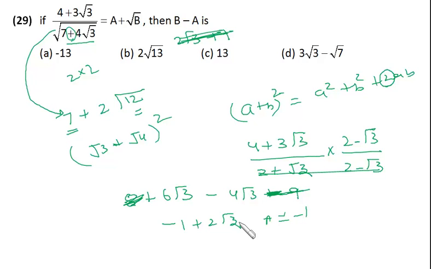So b must be 4 into 3, 12. Okay, so b is 12 and a is minus 1, so 12 plus 1, it should be 13. I'm sorry for the mistake. I hope you are getting my point. We just have to compare a plus root b to this. This is a plus root b, right? So rational part will be equal to rational part and irrational part will be equal to irrational part, right?